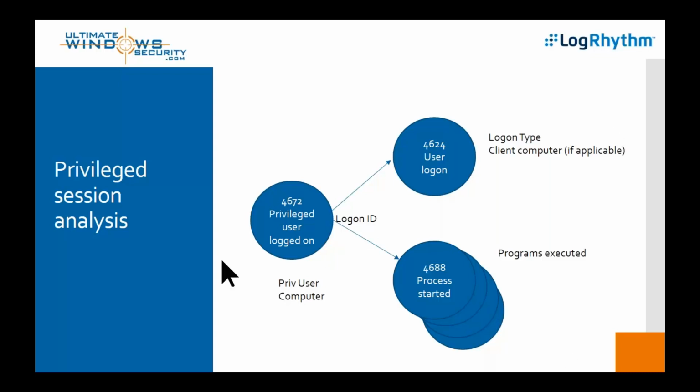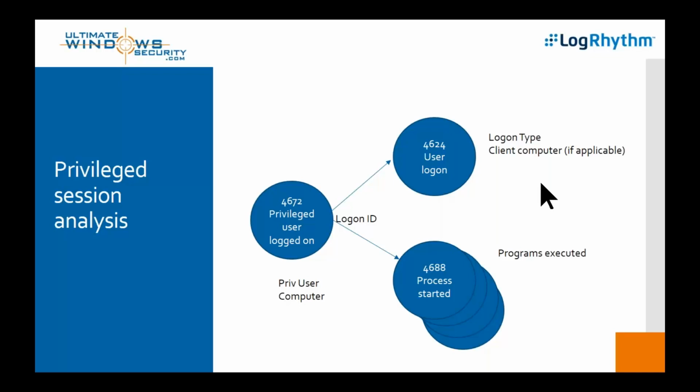And then here's what each one tells you. So 4672 tells you the privileged user and the computer where they logged on. 4624 tells you the logon type. But hey, one other thing it tells you is the client computer. If this is a remote logon, then there's another computer involved.